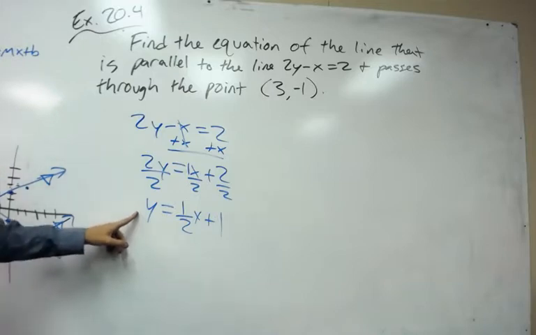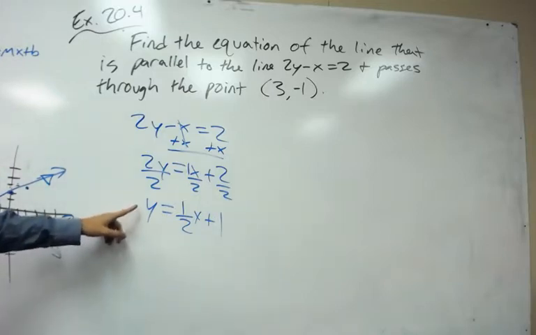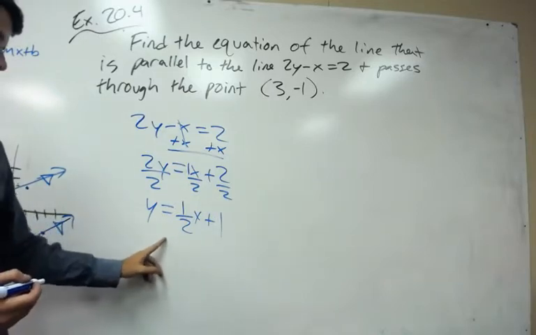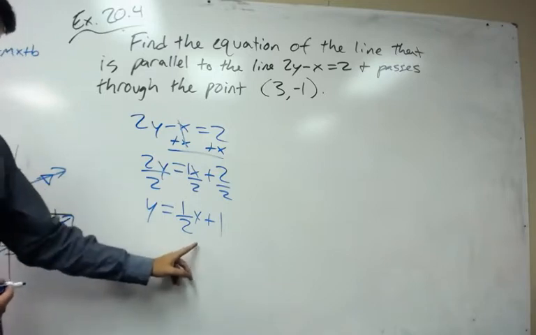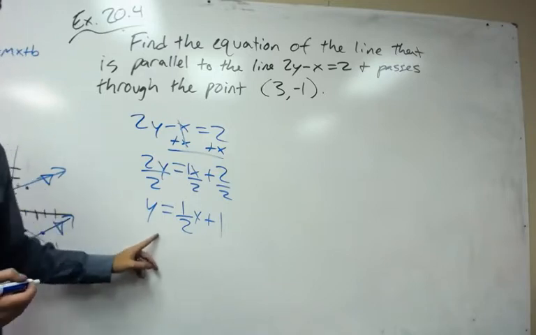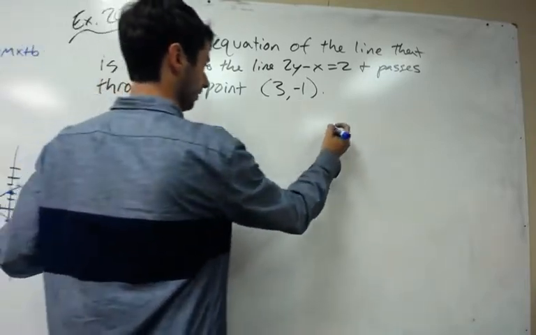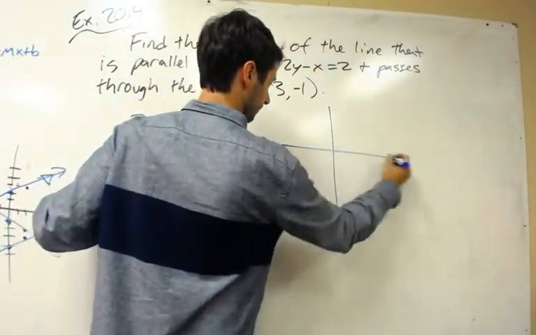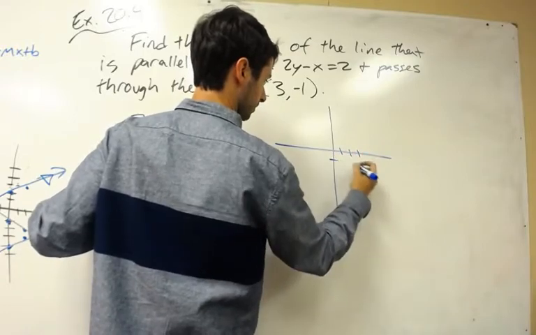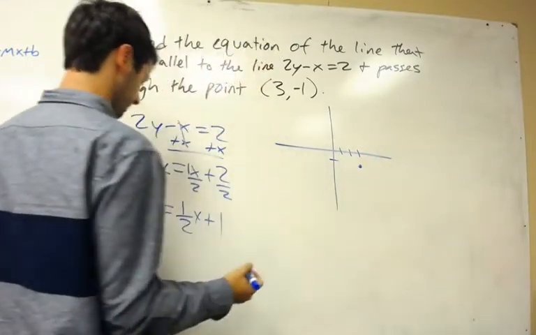Then it says find the equation of the line that is parallel to this. So how does this help us? This line is not going through the point (3, negative 1). I'll show you. 1, 2, 3, negative 1. This is our point.